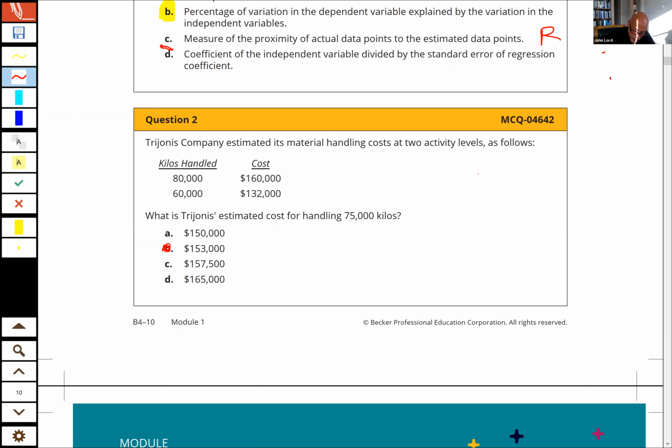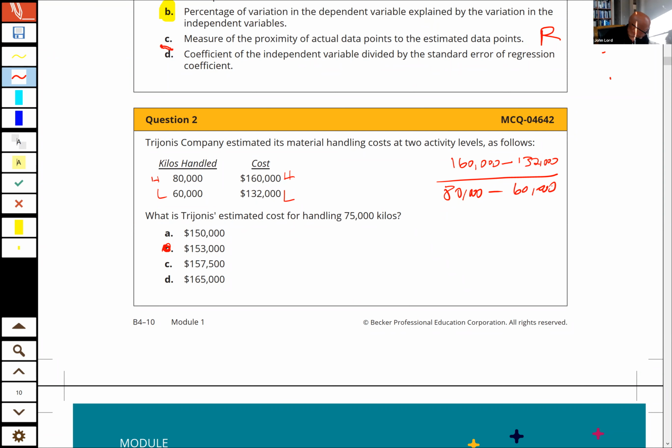So if I have a cost of 160 at the high, and a cost of 132 at the low, then I'm going to take 160 minus 132, and divide that by, again consistent, high and low, 80,000 minus 60,000.